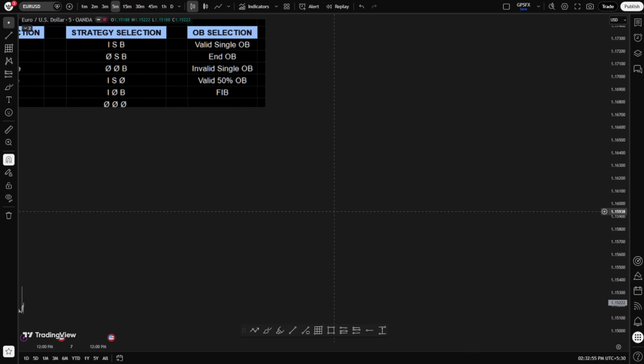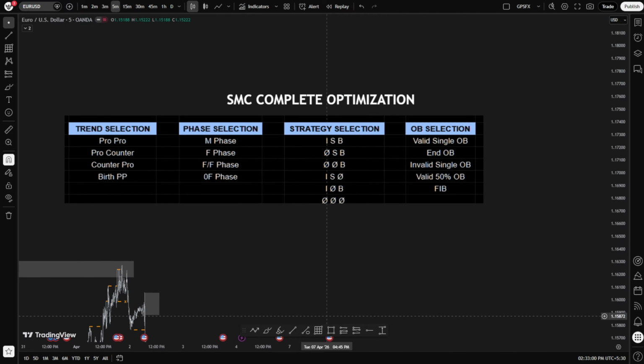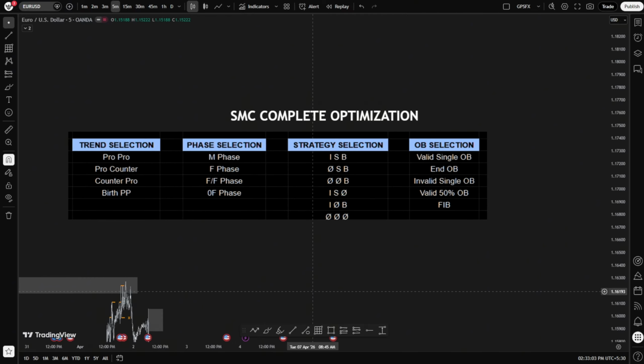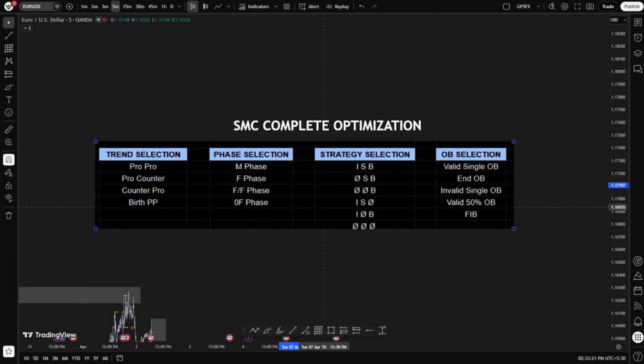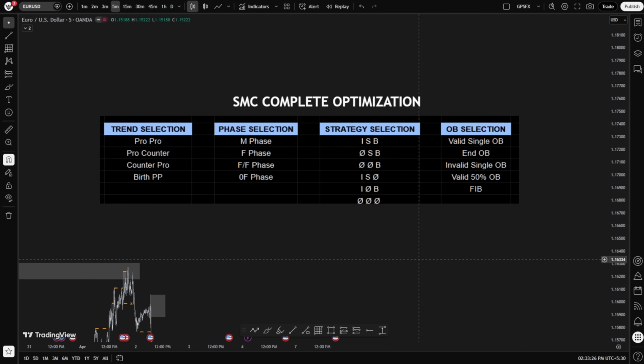Okay, so that's pretty much everything I wanted to share with you guys. This is the complete SMC optimization. I have spent years trading smart money concepts, with tons of backtested data, years of backtested data, and only then have I come to this conclusion. That's why I'm sharing this with you, so that you don't have to waste a lot of time doing all this work.